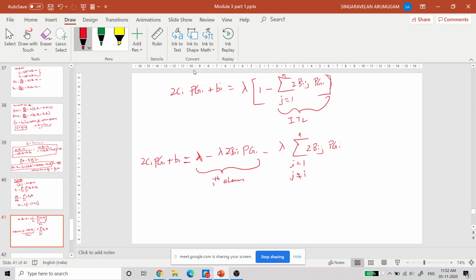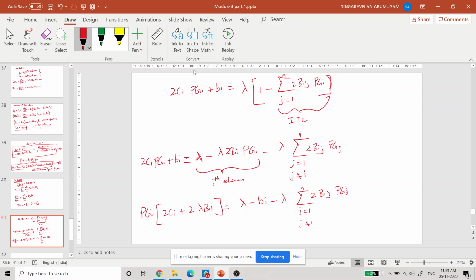If that is the case, I want to separate all the PG, because my aim is to find out the PG only, so I remove all the PGi outside from this entire equation. So I will get 2Ci plus 2 lambda Bii is equal to lambda minus bi minus lambda summation of j equal to 1 and j not equal to i over n of 2Bij PGj.